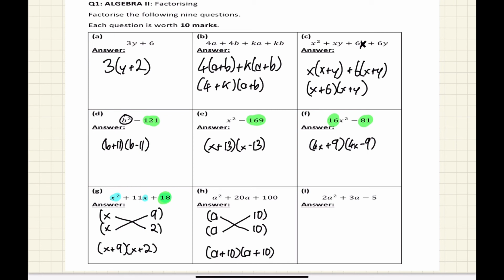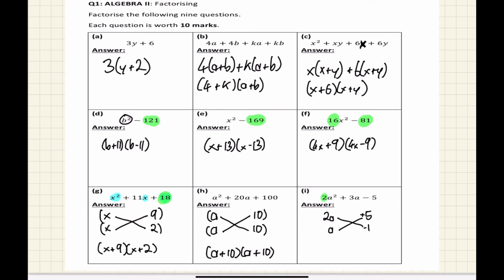And then the last one is a little bit different because we have a coefficient in front of the a squared. That means when we factorize 2a squared, we get 2a multiplied by a. So we have to factor in that 2 when we're doing this. Big X like this. I just need a second to think about this. I have minus 5. 5 is a prime number, so the only factors of 5 are 5 and 1. If I make this 5 and this 1, now hang on, this is negative, so I'm going to make this one positive and this one negative.